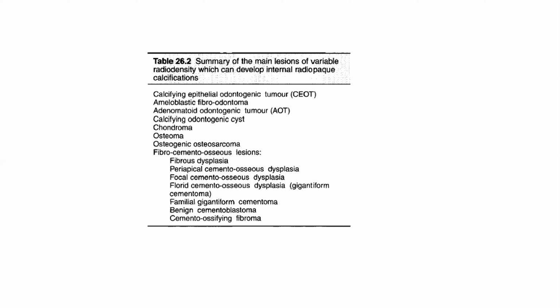When you have fibroosseous lesions, remember all the theories about bone. If you have a fibrous lesion, do you think you're going to have impaired healing if you do an extraction? Yes. Good. And do you think your implant is going to osteointegrate?